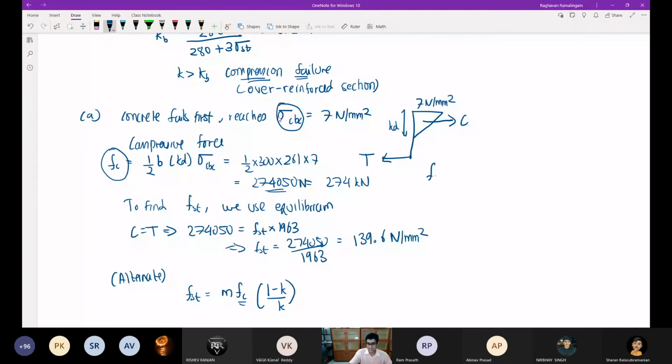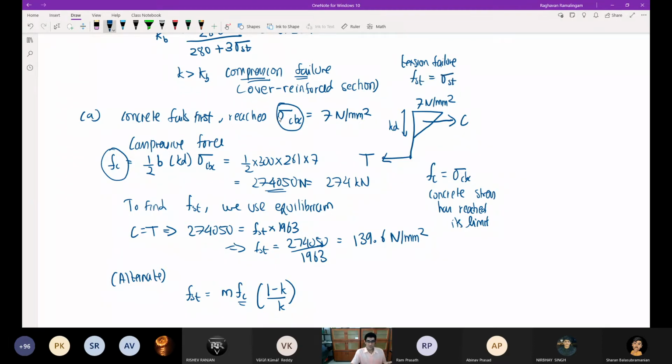So whenever I say FC equals sigma CBC, it means concrete stress has reached its limit. This always happens when you have a compression failure. Alternately, if it was a tension failure, that means the stress in our steel will definitely be equal to sigma ST.